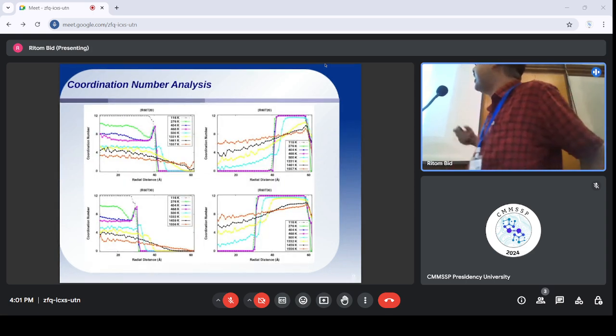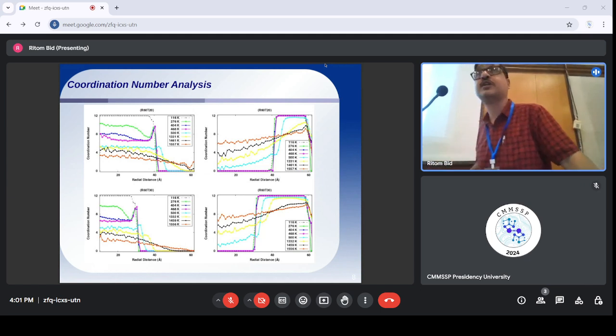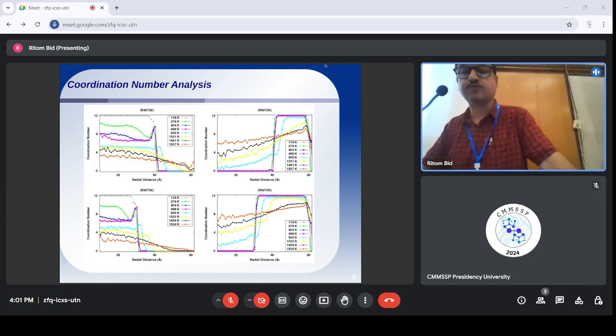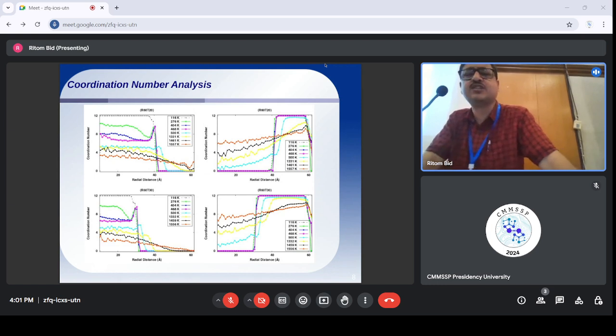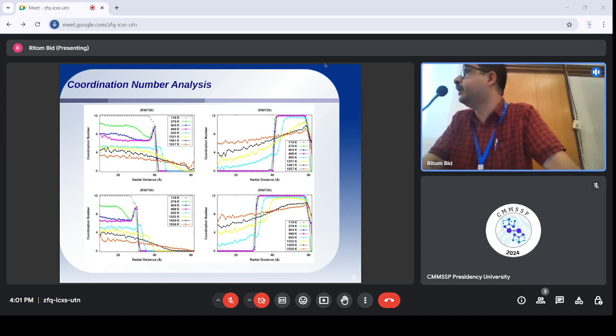Next, we do coordination number analysis. Coordination number is a kind of geometrical number through which you can identify the shape and size of the particle and many other things. Since both aluminum and nickel are FCC structures, their coordination number is 12.